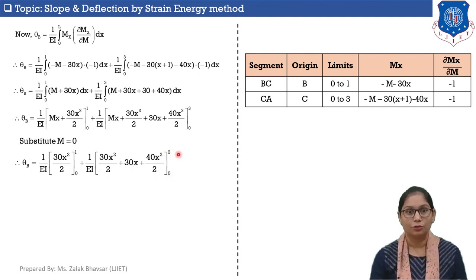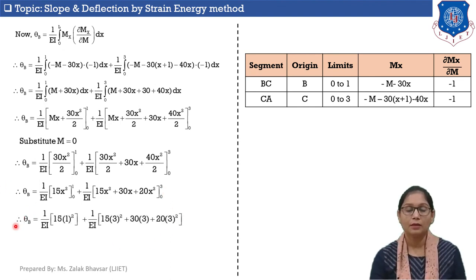Here limit is 0 to 3. Therefore, theta B is equal to 1 upon EI 15x square, limit is 0 to 1, plus 1 upon EI 15x square plus 30x plus 20x square, limit 0 to 3.